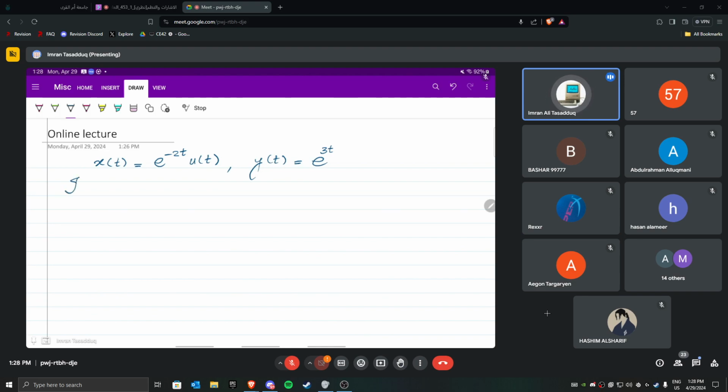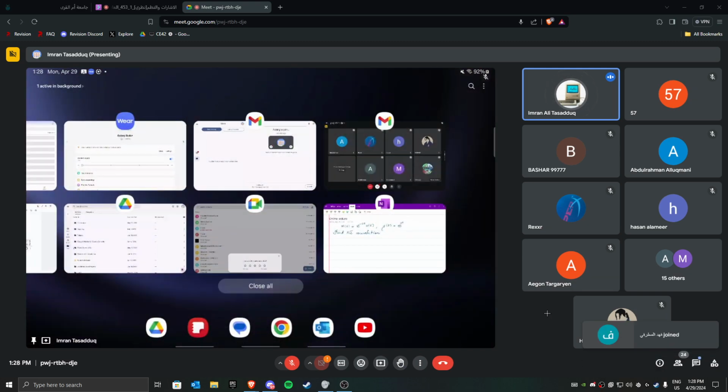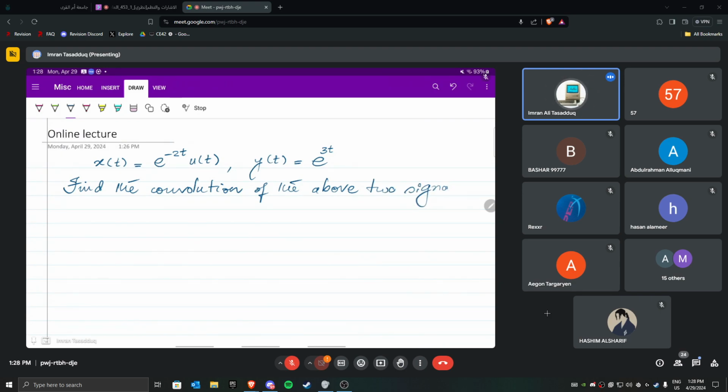The question is find the convolution of the above two signals.